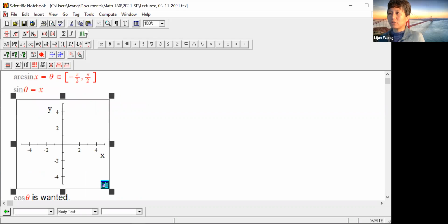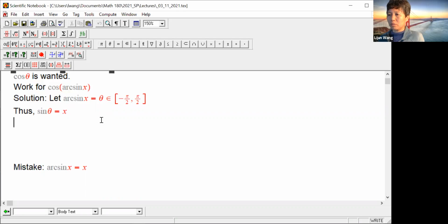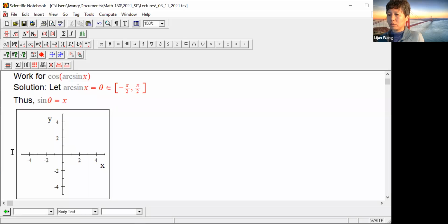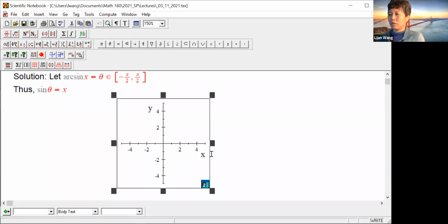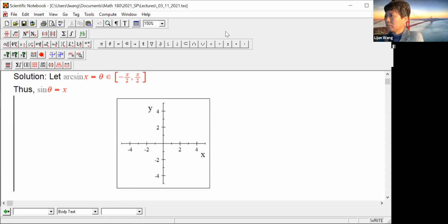And then you can attach that little picture. You can draw a little picture here. The terminal.